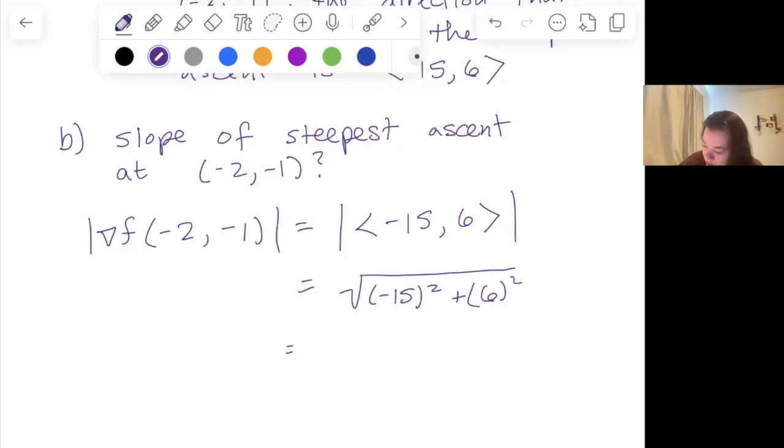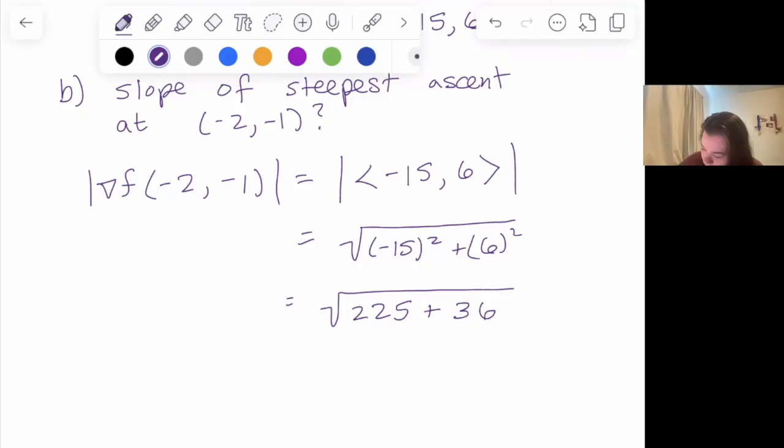-15 squared is 225, plus 36. Just checking to make sure I didn't mess up anywhere since I'm trying to go through this. No calculator at all. The square root, oh, I made my square root sign too big. The square root of 261.